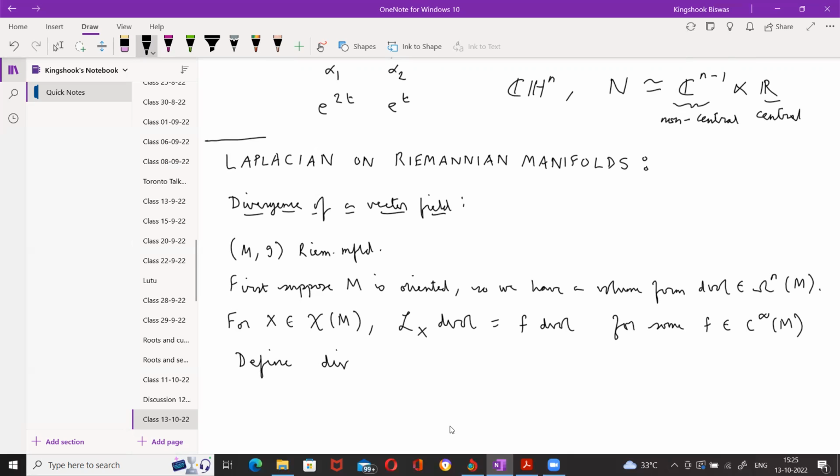So div X is a smooth function on M. Thus, the divergence is defined by requiring that the Lie derivative of the volume form is equal to the divergence of X times the volume form.